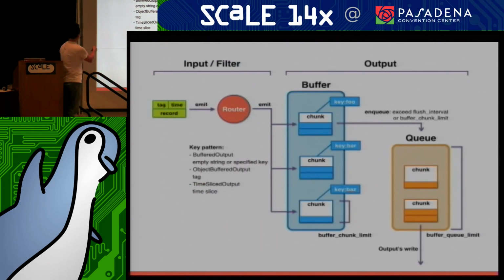Well, this is a more complex pattern. Here we have the record, right? We have the tag and the record information. It goes to the internal router. Do you remember that we have a tag here? If I have one Fluentd running, I can say, Fluentd, please listen for log files from Apache on this path, and also listen for Nginx logs on this other path. But what's the difference?